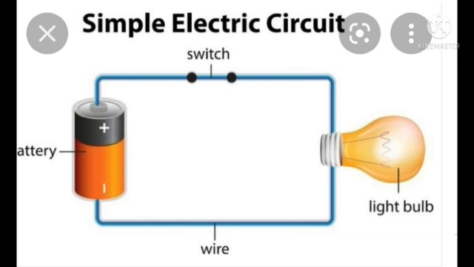Here I have shown the simple one, and in different places, according to its use, the circuit becomes more complicated. Okay students, the electric supply is made from outside instead of an electric cell.